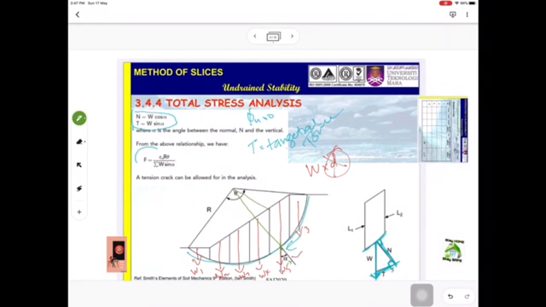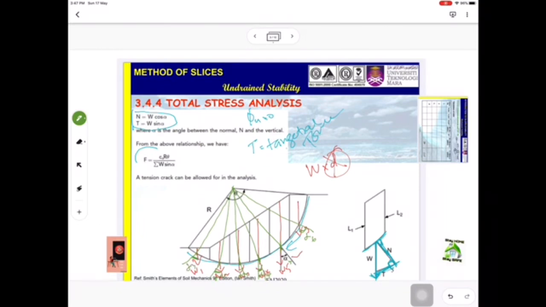Same goes to this, will be alpha 6. So between this is alpha 4. So depends on this one. So this is alpha 3. This is alpha 2, and this is alpha 1.